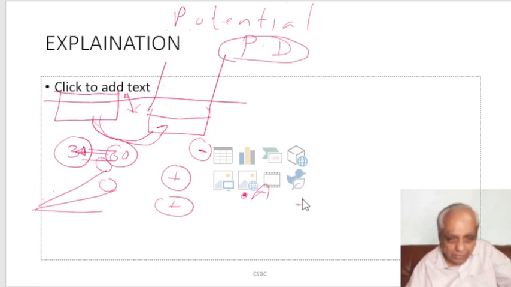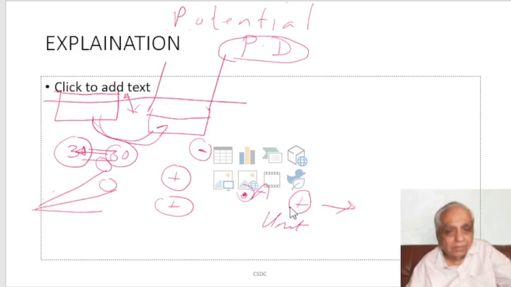if I am taking one unit positive charge, unit positive charge means 1 coulomb of charge, and bring it near to A, I find that it is getting repelled. So, at point A, there is some positive potential, you can say positive effect of the positive charge which is repelling this charge.